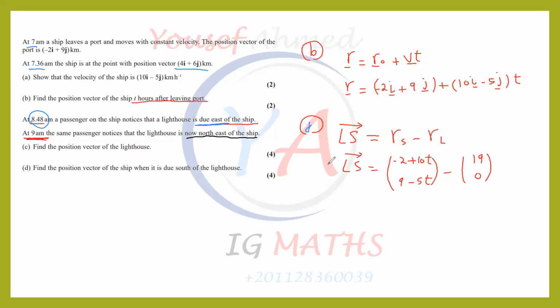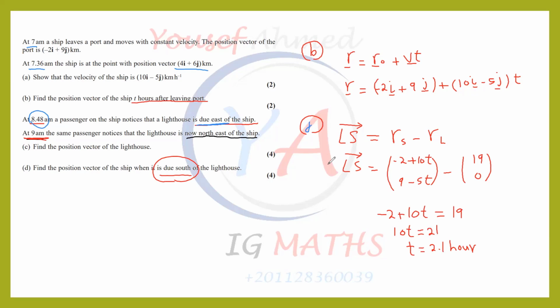Since it's due south, as I told you before in the previous questions, you can work on the i component. You equate the i component to the i component to know the time the ship took till it reaches the south of the lighthouse. So it will be 10t is equal to 21. So the time the ship took is 2.1 hours to be in the south of the lighthouse.